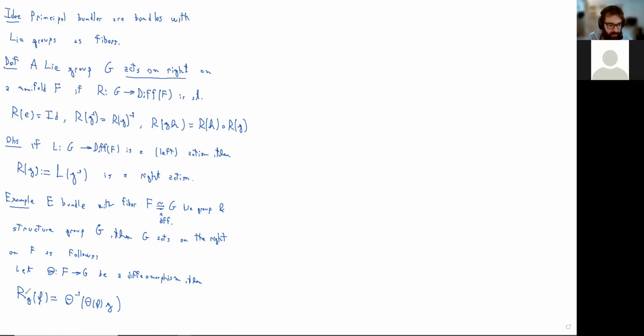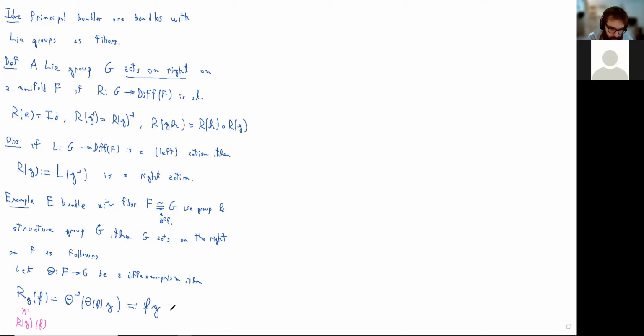So when I write this R_G, what I mean by this is R of G, and this is now an element of the diffeomorphism group, and we apply it to F. Yeah, this is how I define this R sub G. And this we will usually just write FG.